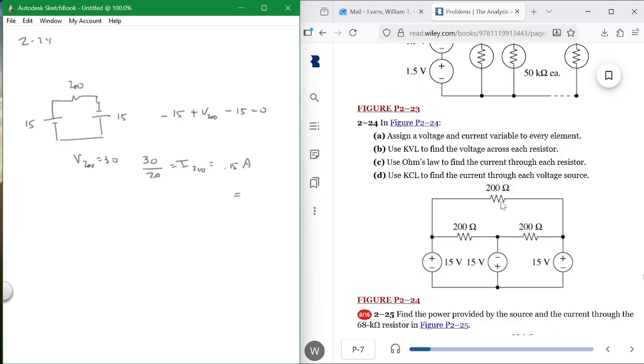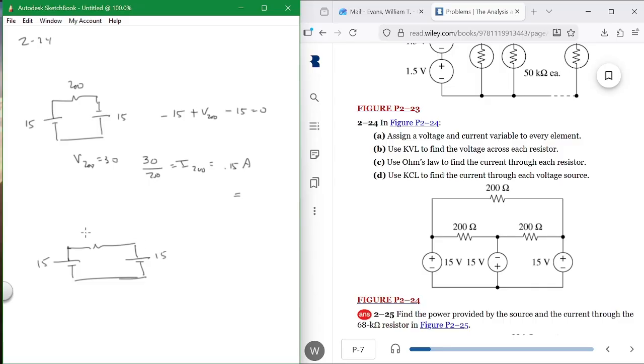What do you think the voltage across this guy is? 0. Why? Same thing as we had before. This circuit is this one right here. Plus 15.